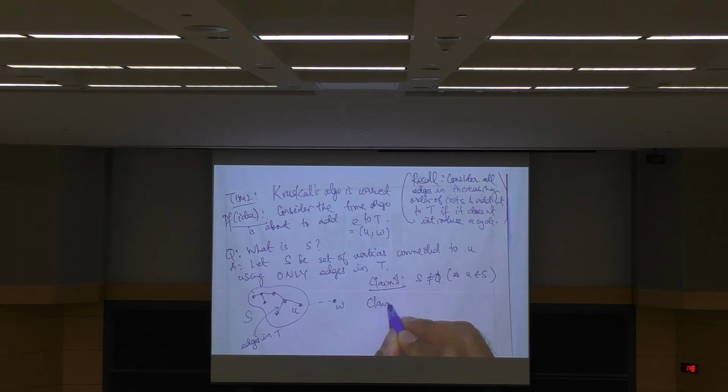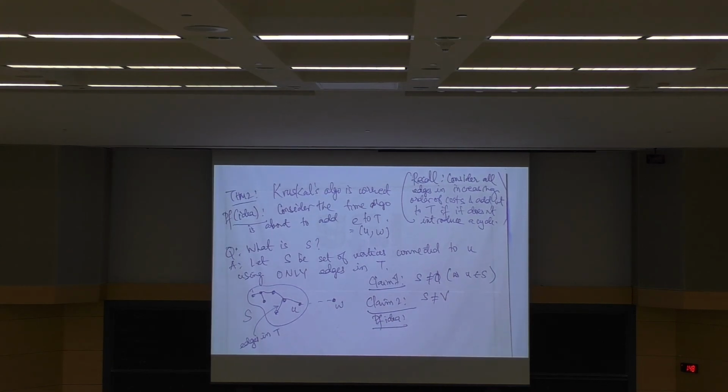So claim 2: we're going to argue that S is not everything, and this will follow from the fact that w is not in S. The reason is, if w were indeed in S, that means it is connected by edges in T to u by definition.